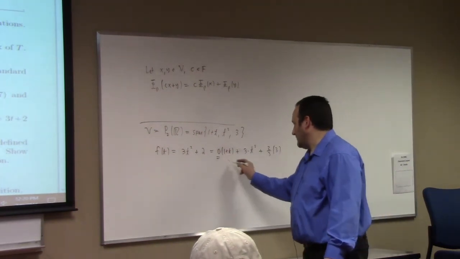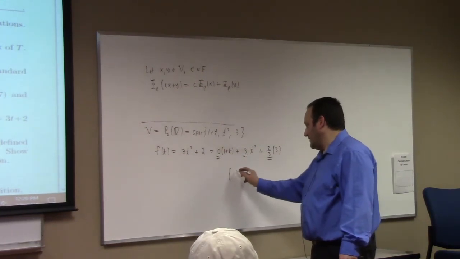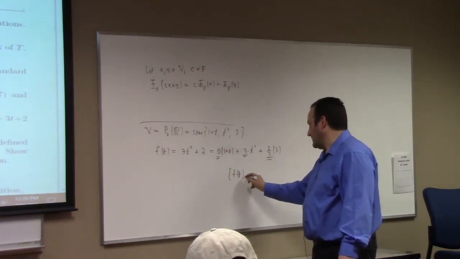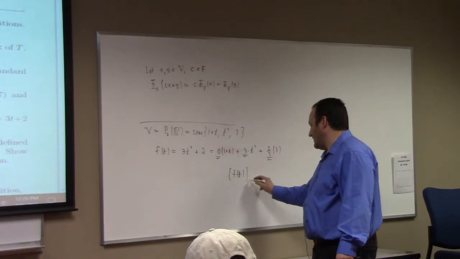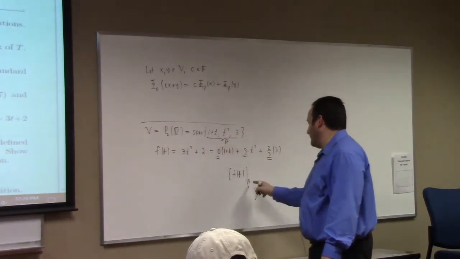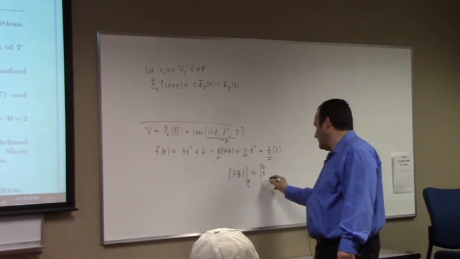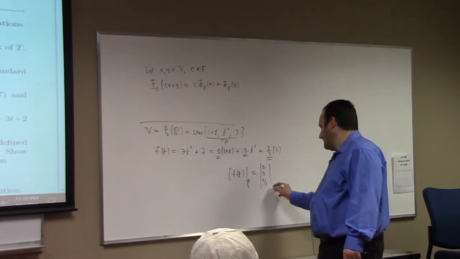And so there's my first coefficient, my second coefficient, my third coefficient. So we see that the coordinate vector of f of t with respect to the basis, which I'm calling beta, is equal to the coefficients 0, 3, 2/3, right?